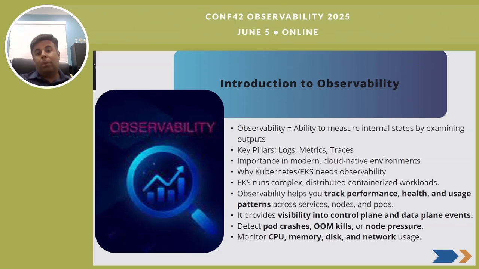It also provides visibility into the control plane and the data plane nodes and data plane events. It helps to detect pod crashes and any node pressure, and also helps to monitor CPU, memory, and disk related metrics.